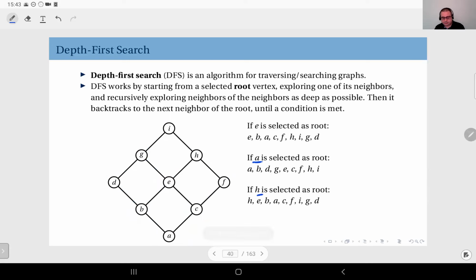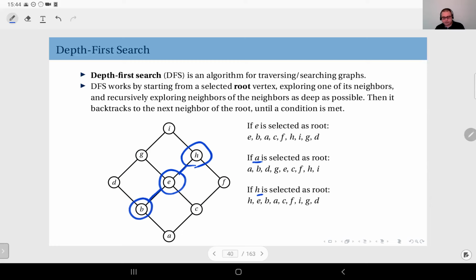If H is selected as the root, the neighbors are E, I, and F. Again, applying the lexicographical order, you select E. The neighbors are B, C, G, H. H is already visited, so that's out of the question, but according to lexicographical order, you need to select B anyway.